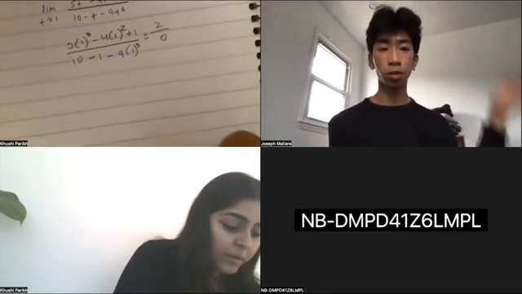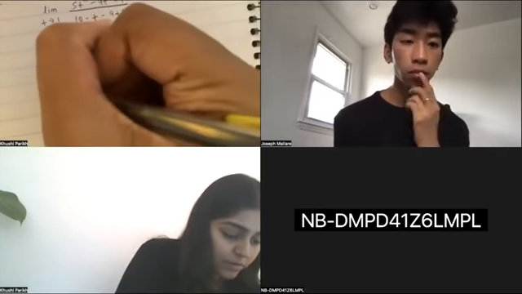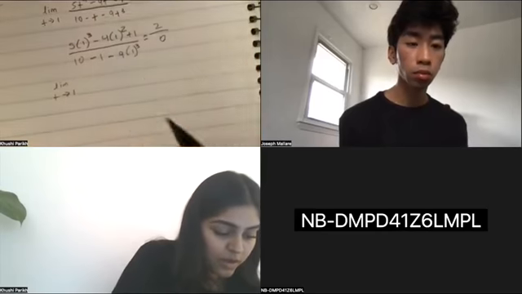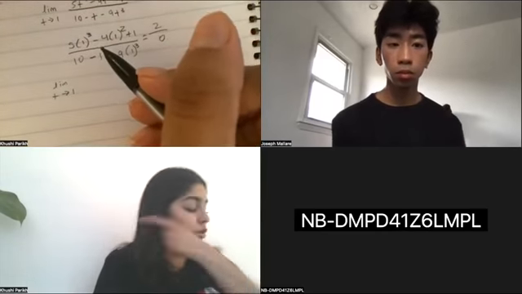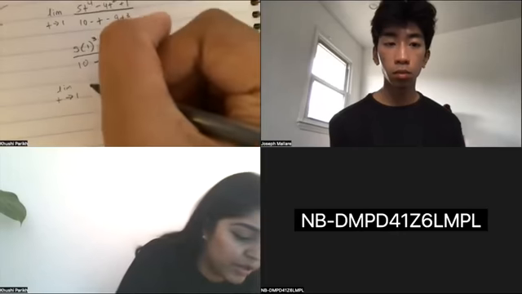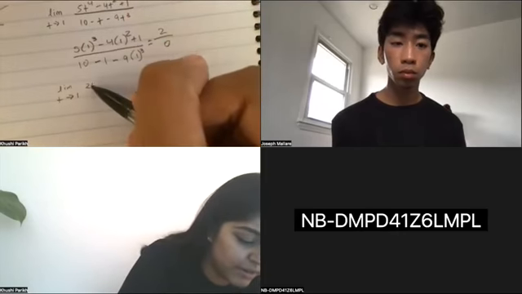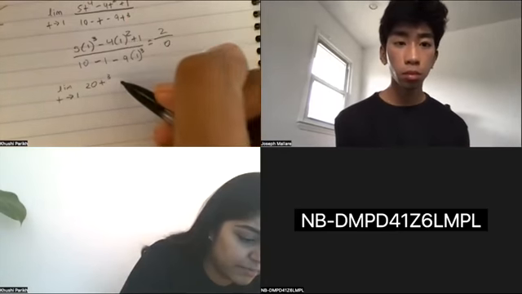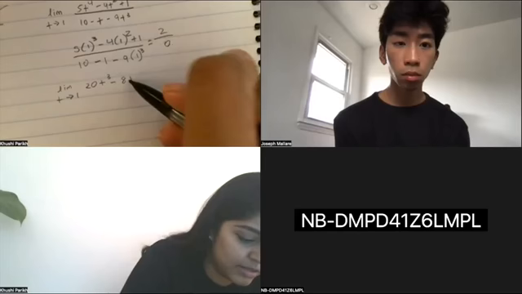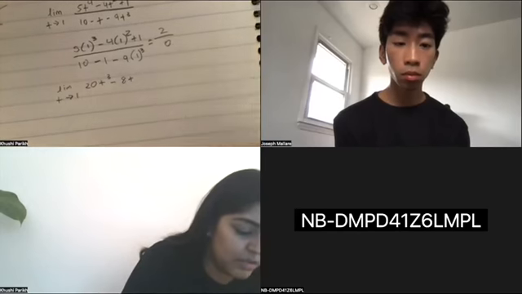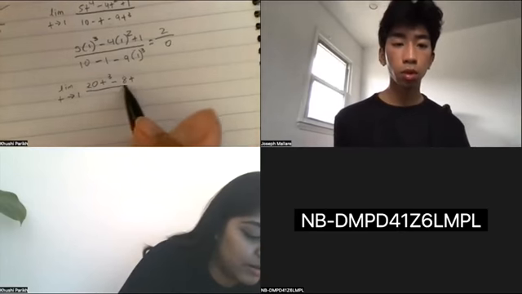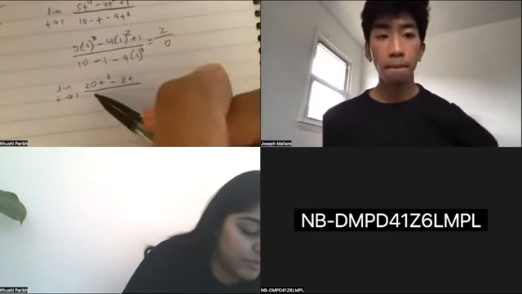So if we apply L'Hopital's rule to this, we could do the limit as t approaches 1, and then take the derivative of this function. So we can do 20t to the third minus 8t, and then that would stop there because the derivative of 1 is 0, and then put that over.